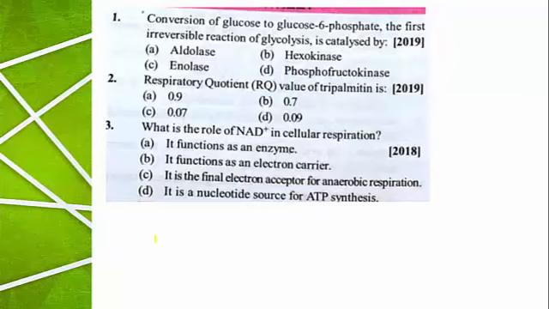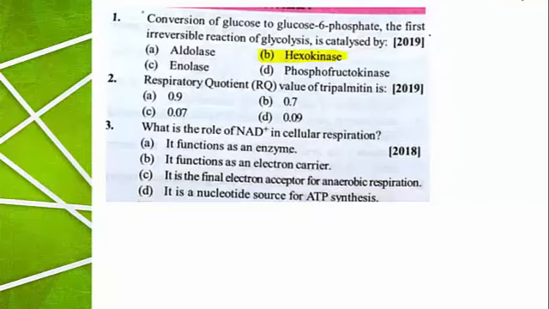End product of glycolysis is the 3-carbon compound pyruvic acid or pyruvate. When glucose combines with the ATP molecule, it is converted into ADP. This reaction is catalyzed by the enzyme called hexokinase.